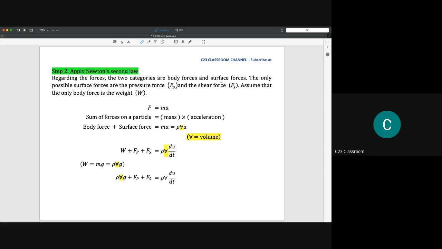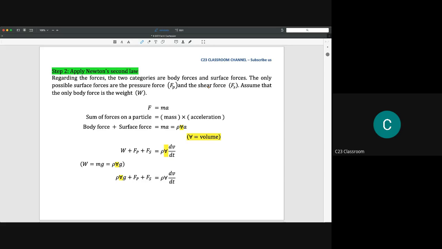When you have shear stress, the idea of the no-slip condition will occur, which means that the fluid will stick to the surface. The idea of shear stress times area will create another force. That's why we say that the surface force, the force that exists because you have a surface, is actually the pressure force and the shear force.